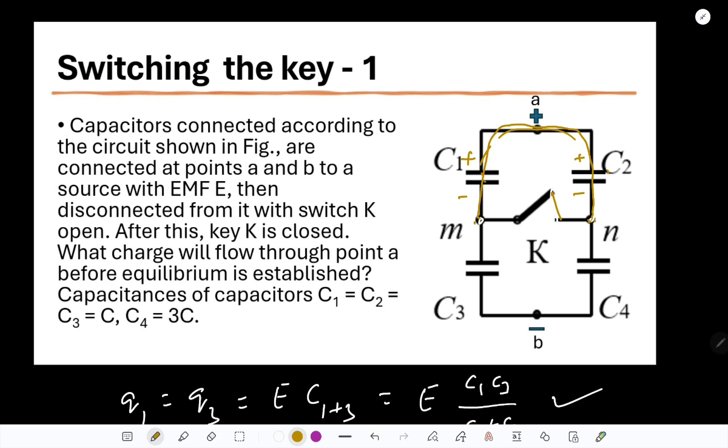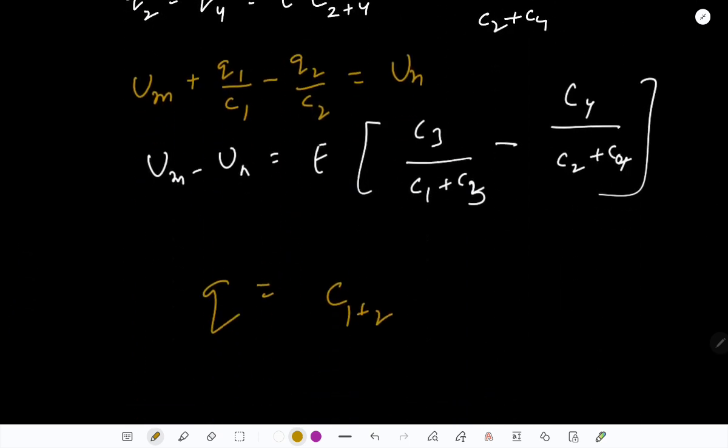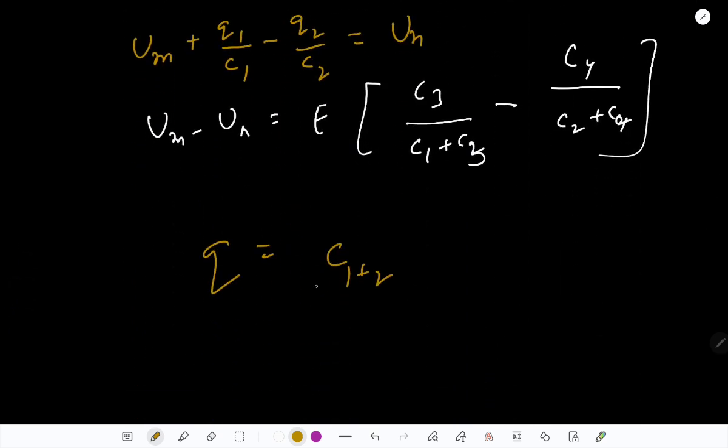C1 and C2 are in series. So this much charge Q, equal to the equivalent capacitance of C1 and C2 multiplied by the potential difference between M and N, will flow through the point A, and that's your answer. Thank you very much for watching.